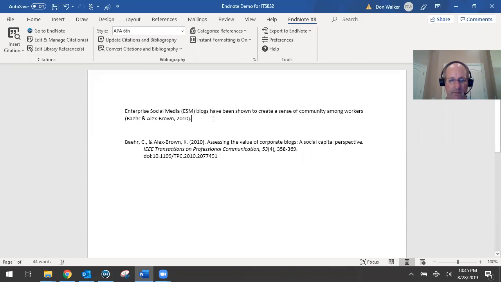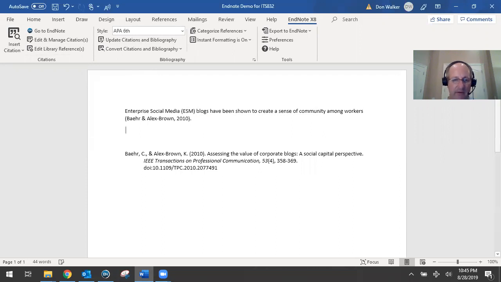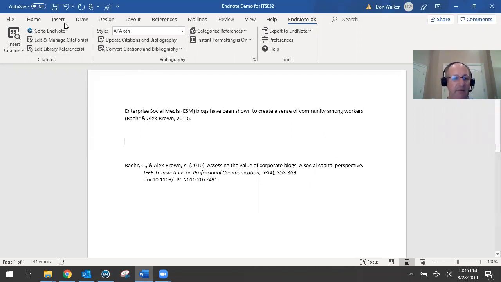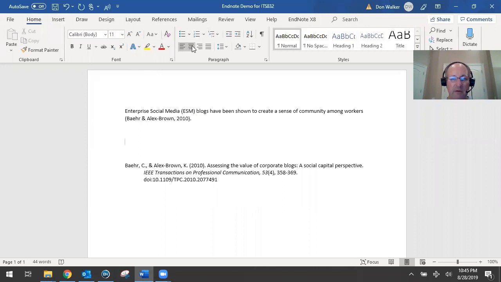And then it manages them in alphabetical order, as I said in the other lecture. And so all I have to do is go down here and create a references section. And there you have it. It's magic.